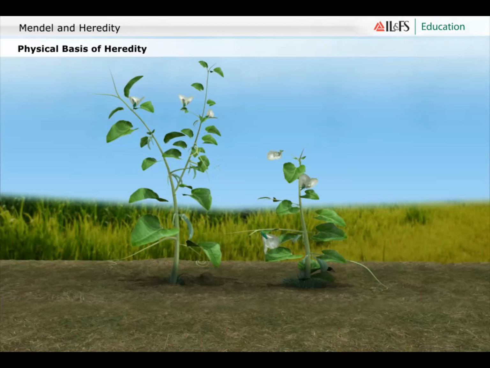In these 2 plants, the 2 characteristics, tallness and shortness, have their own gene. To explain heredity, we represent genes by letters. Let us represent the genes for tallness by a capital T, whereas the genes for shortness by a small t.